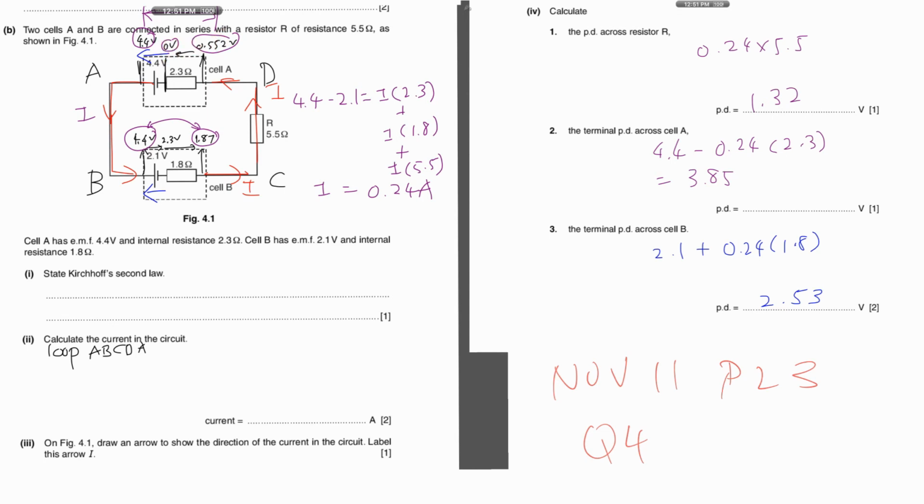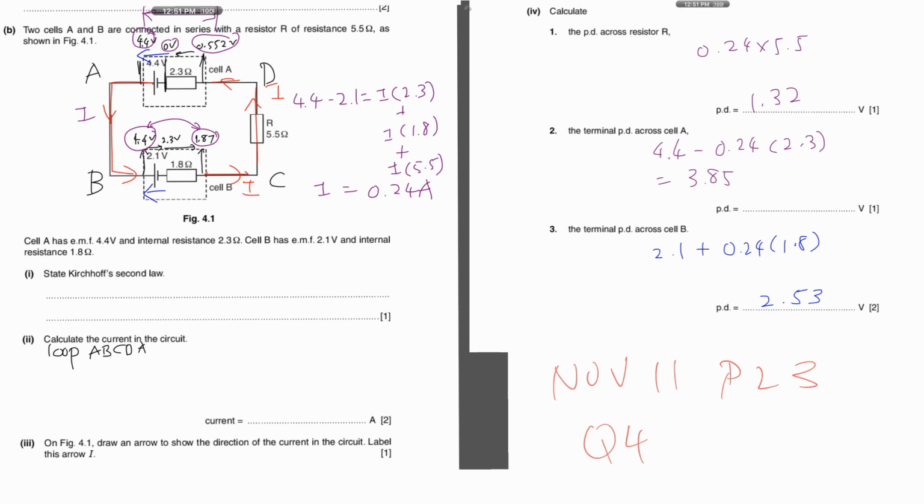So this is 0, and this potential is 0.552. Let's say from here it drops to 0, but here it gains again 4.4. So when the voltmeter is connected to find the terminal PD, you'll connect from here to here. One side is 4.4, one side is 0.552, so you end up minusing them. Understand? That's why you end up minusing. But when you come to here, it's something different.